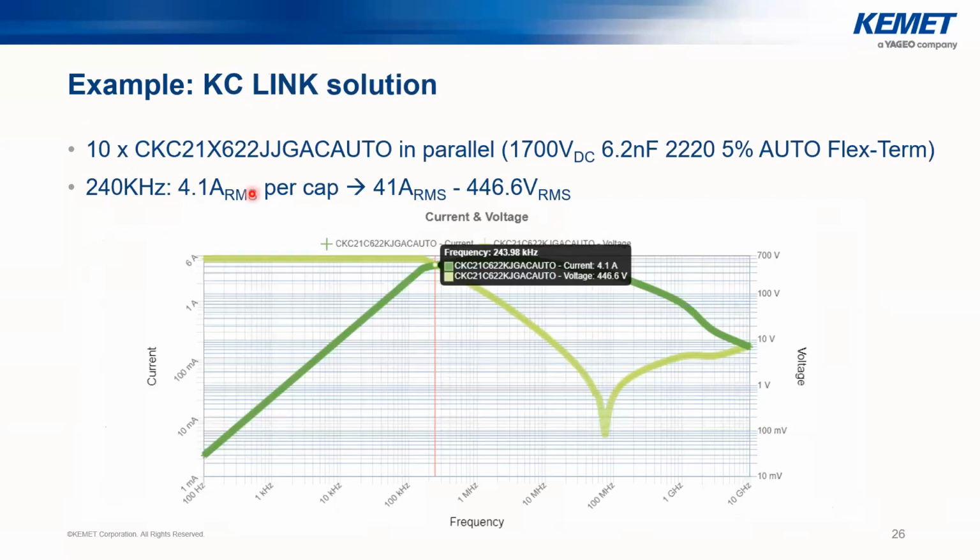Also, we can consider the case-sealing solution. Here we need only 10 capacitors in parallel to reach the requirement. You can see from the curve from our KSM tool that at this operating frequency we can reach 4.1 amps per capacitor, so a total of 41 amps for this component.